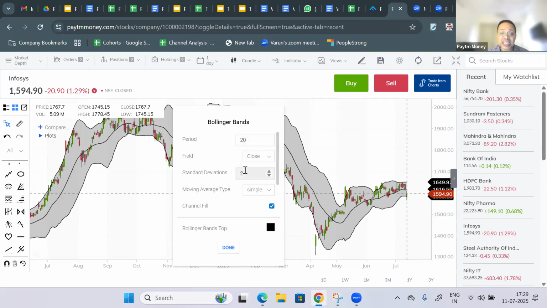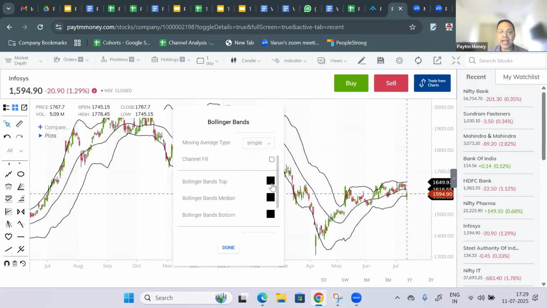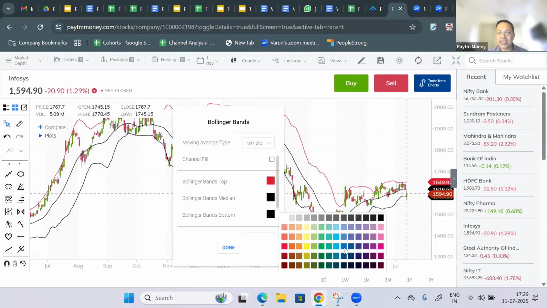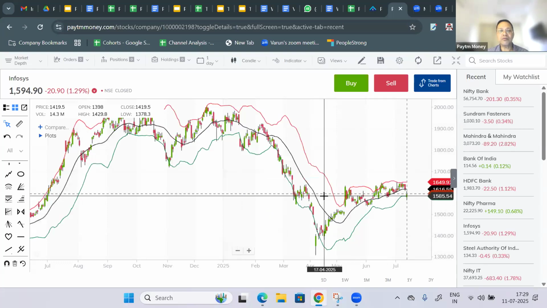Now, how much standard deviation you want to take? Either you can take 2 or 3. Usually it is 2. Right. Now, band on the top, let's make it colorful so that it is easy to identify. Can you see that now?